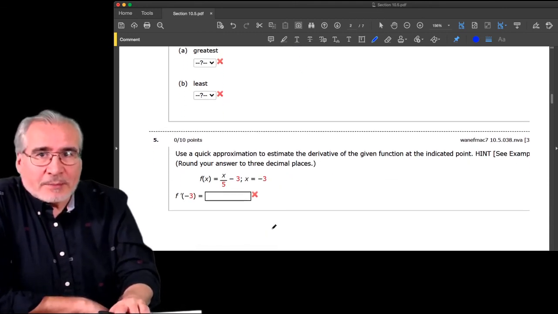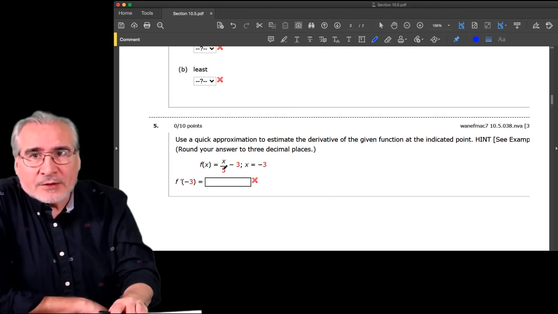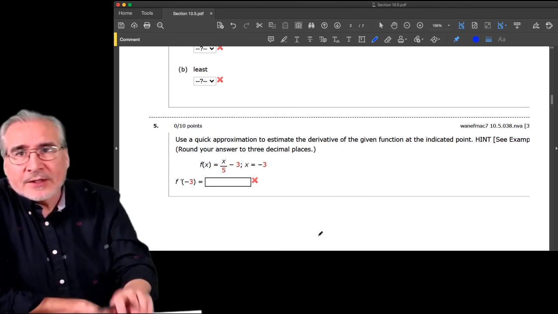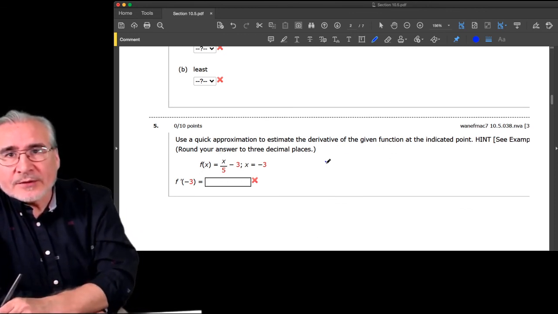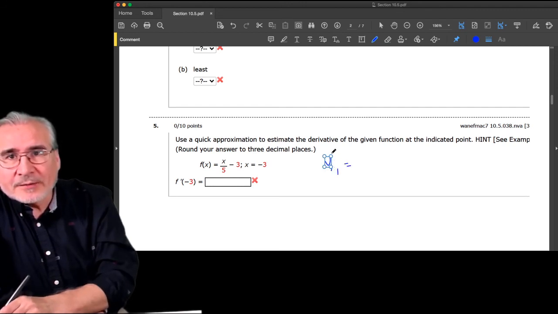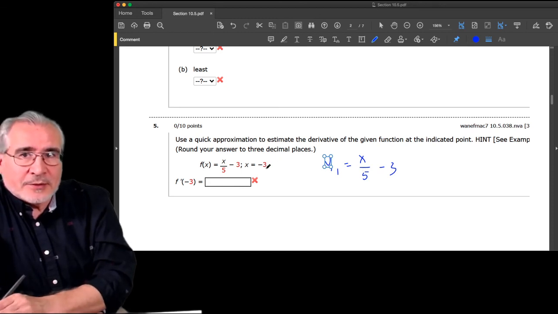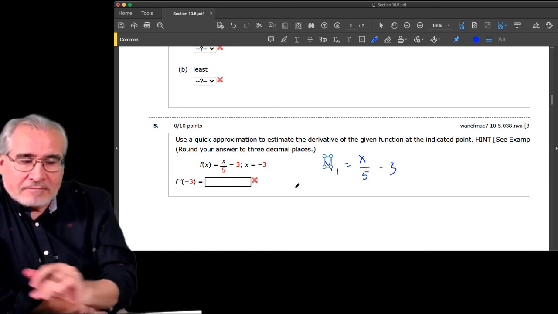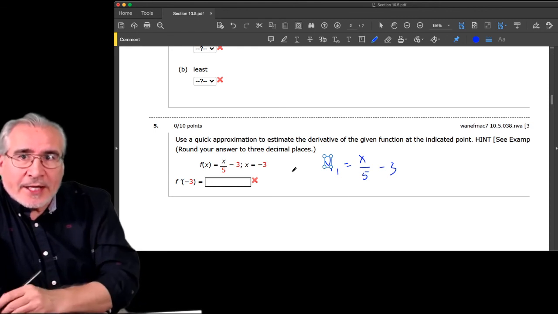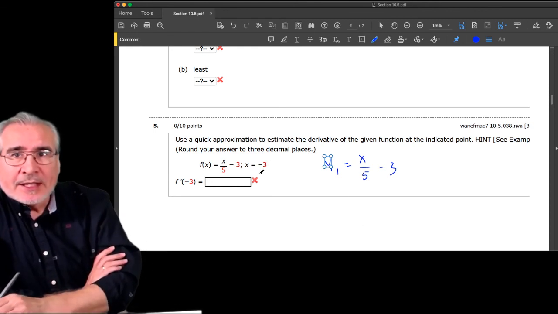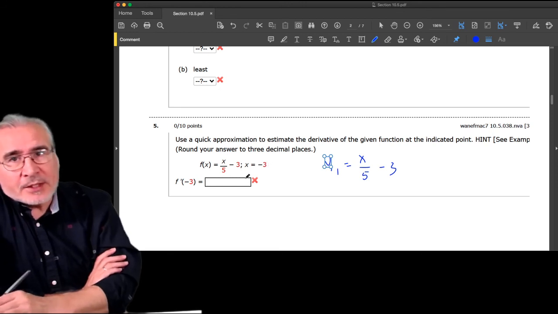To do a quick approximation, what I would do with this is I would graph this. I would put this in my y equals, graph x over 5 minus 3 in my calculator, and I would use that derivative tool. And again, I can help you locate that with the Casio. Do the derivative at -3, and that will be your derivative.